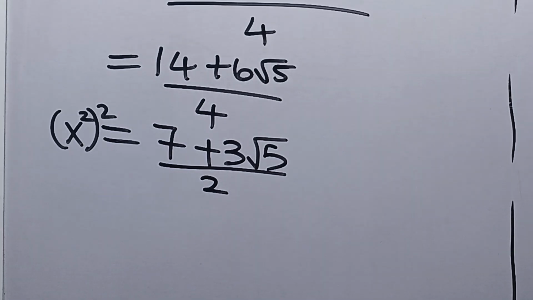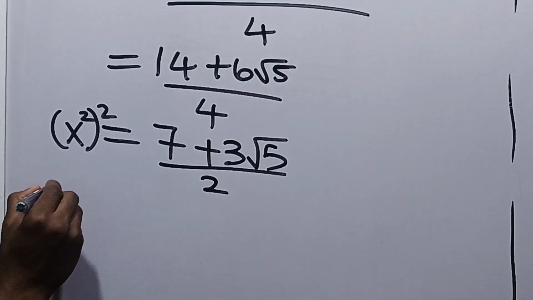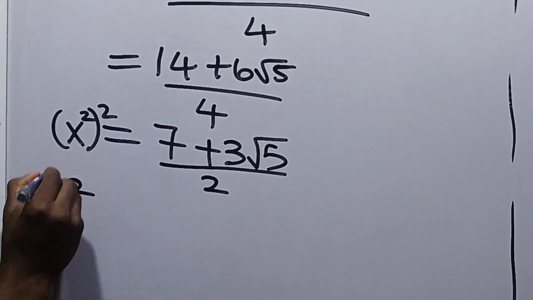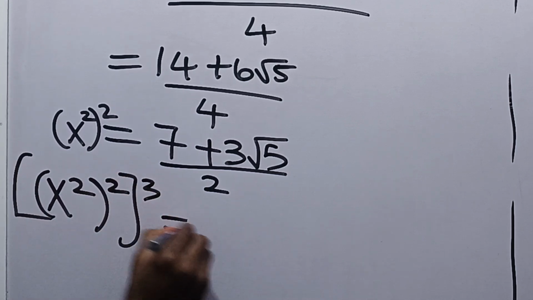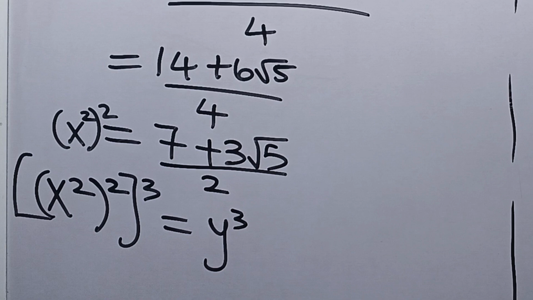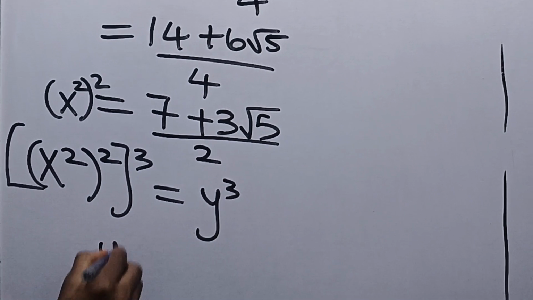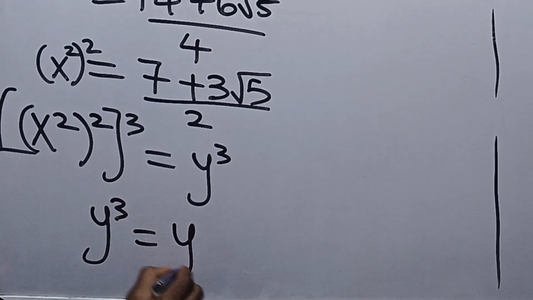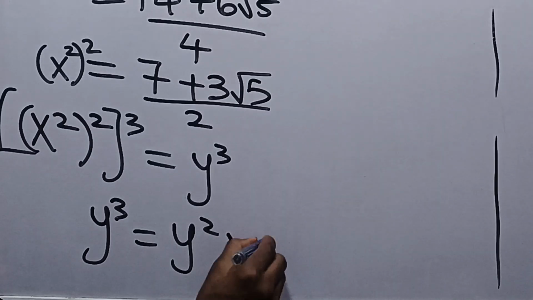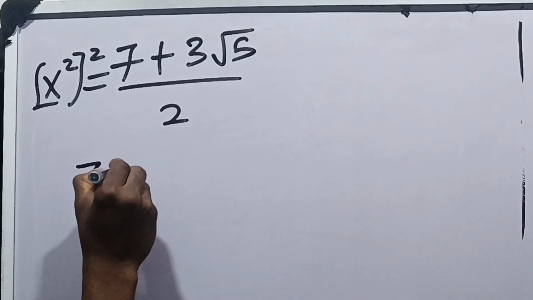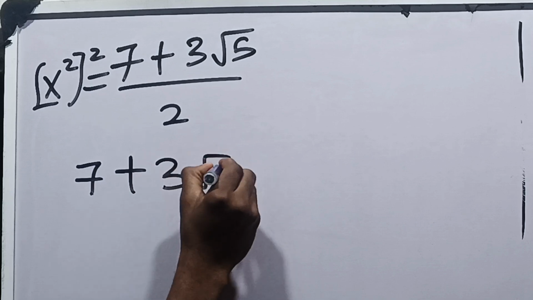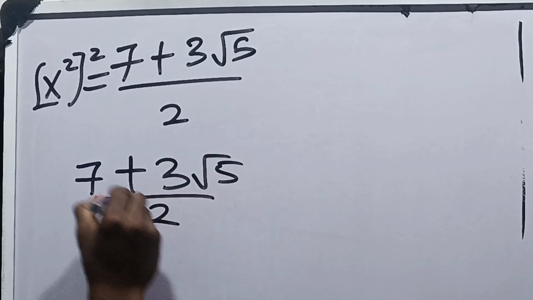Now moving on from here, we are going to find x squared, all cubed, and let this be equal to y cubed. Do you agree with me that y cubed is equal to y squared multiplied by y? Moving on from here, let's first square this. So we have our 7 plus 3 root 5 all over 2 squared.